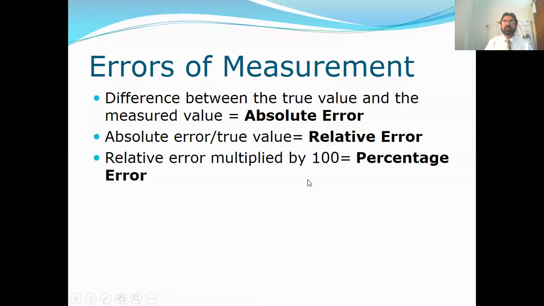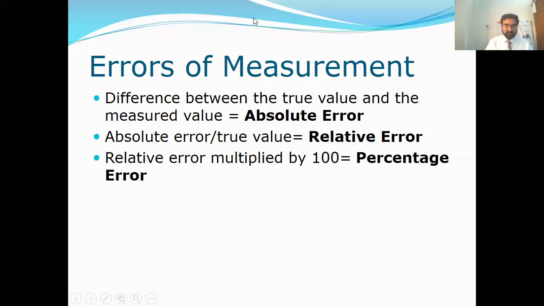Relative error multiplied by 100 is equal to percentage error. The absolute error divided by true value is the relative error, and when this relative error is multiplied by 100, that is called the percentage error.